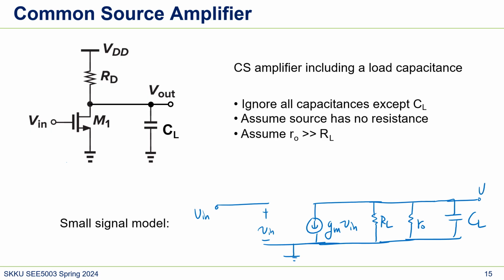And here's V_out. But let's just try to ignore channel length modulation because this r_O is a lot larger than R_L. We can just remove it. So this is our small signal model.